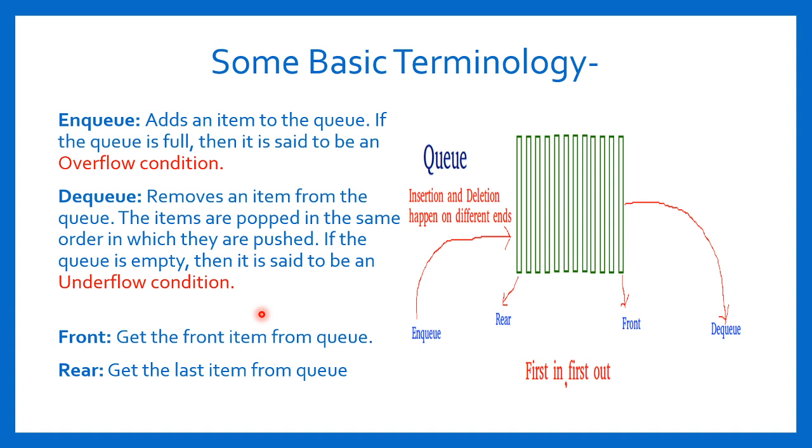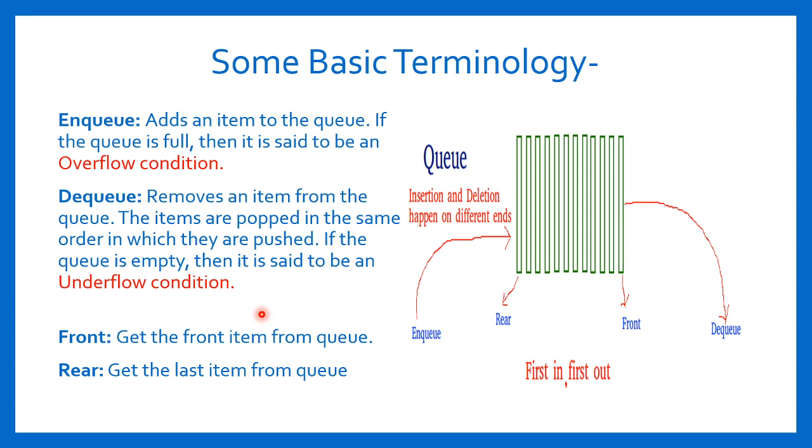Before showing you the code, there are some basic terminologies in queues like NQ, DQ, front, rear, and obviously the overflow condition. NQ means when we have to add an element to the queue, and the condition that comes is overflow. Overflow means the queue is full.